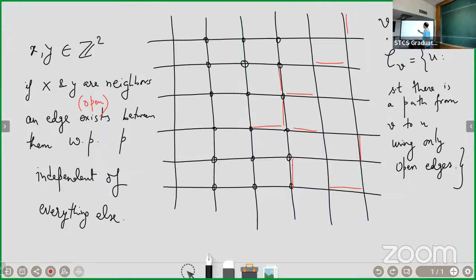Supposing this is my origin, let's call it 0. In this example, for my origin, how large is the connected component?